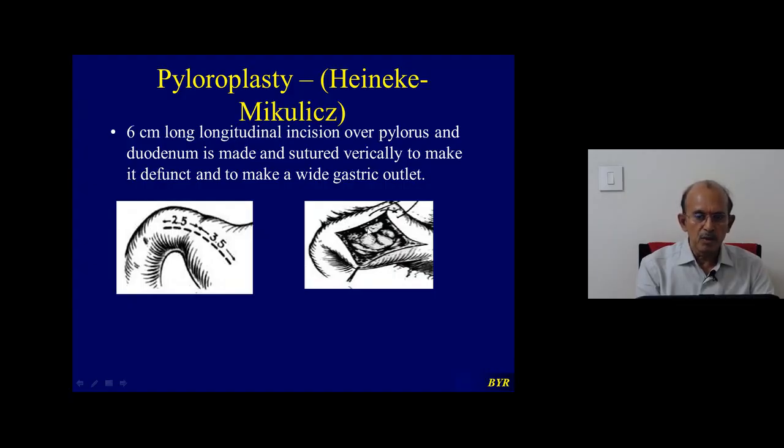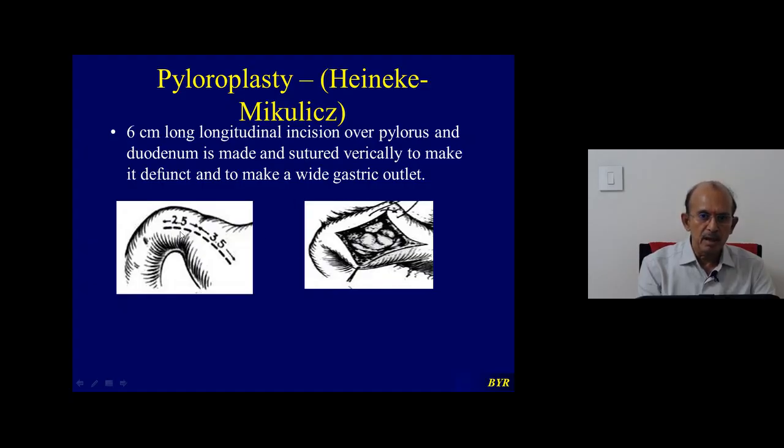Now you can see the posterior wall of the duodenum and the posterior wall of the pyloric antrum. What you do is you hold in the middle and retract them up and down. So a horizontal incision will now be made into a vertical opening. I hope you understood this point.